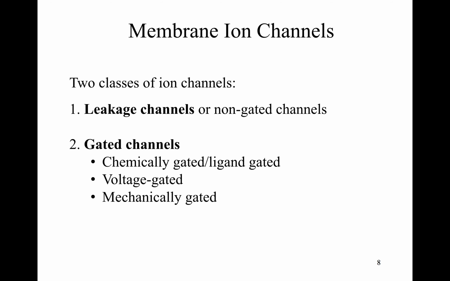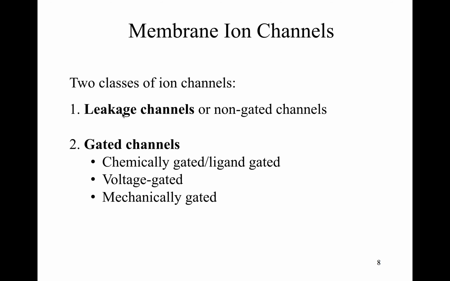So if we say that a membrane is permeable to some ion, we just mean that there's some type of channel or transport protein allowing that ion to cross the plasma membrane. So we're going to look at ion channels. In our neurons, we have ion channels that allow the neuron plasma membrane to be permeable to potassium and permeable to sodium.